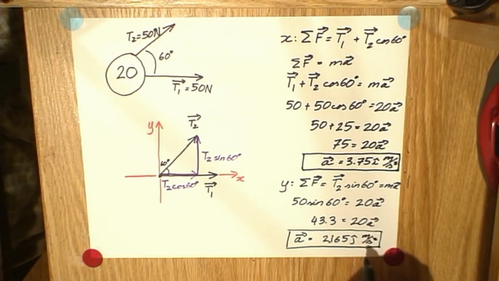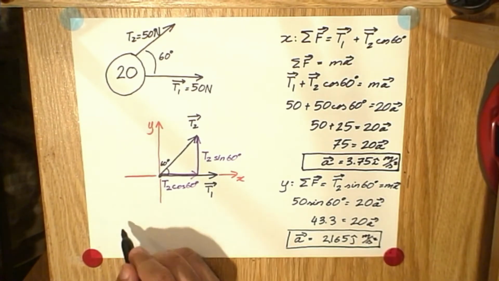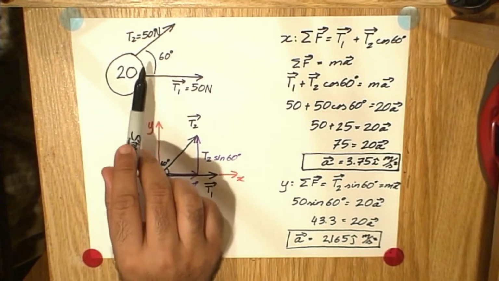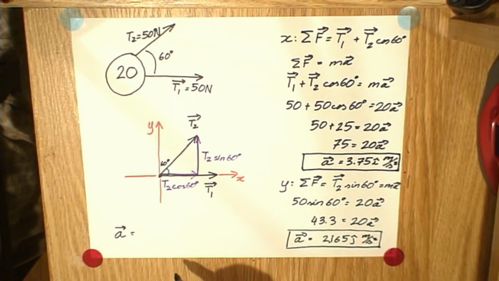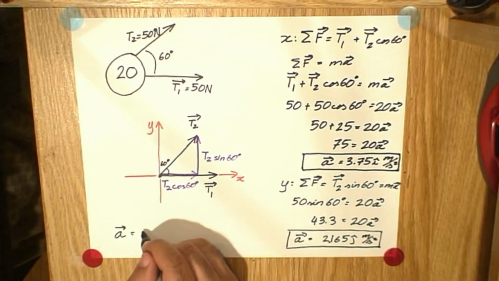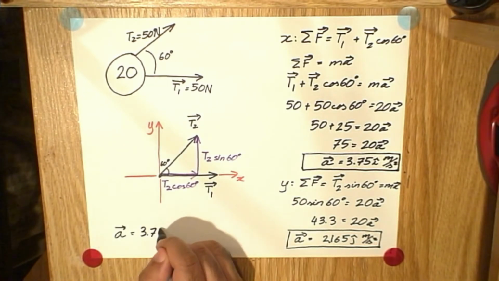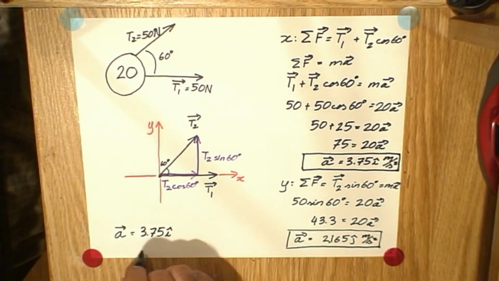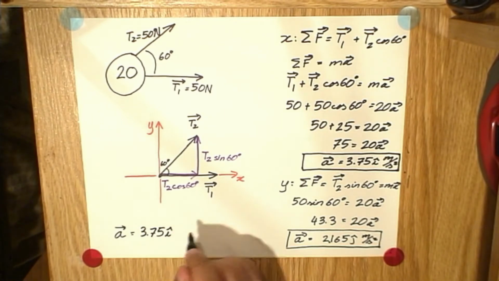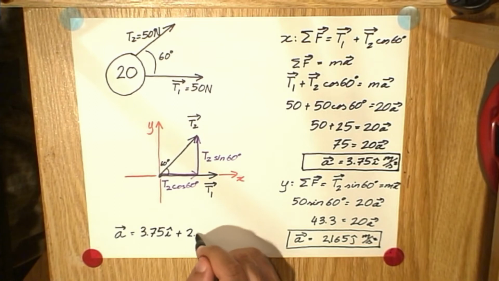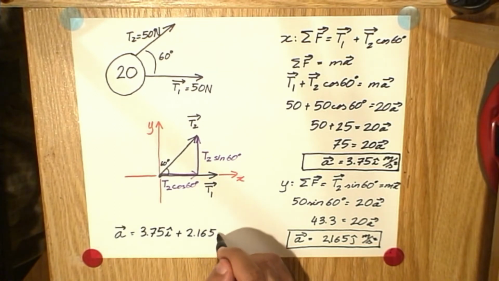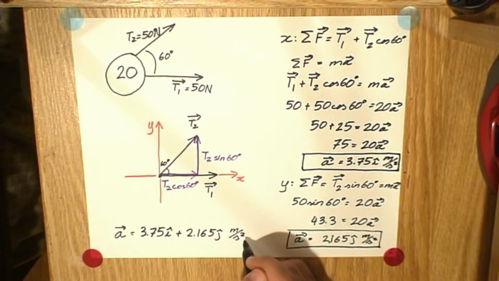So putting these two pieces of information together, we can say that the overall acceleration that this asteroid is going to feel is composed of 3.75 i hat, that's its acceleration in the x direction, plus 2.165 j hat, that's its acceleration in the y direction, meters per second squared.